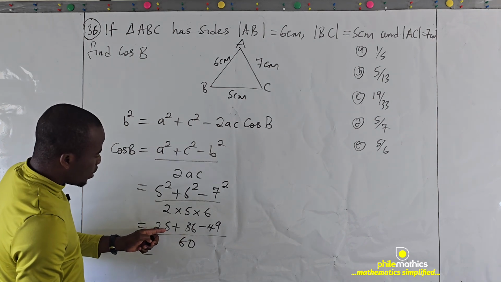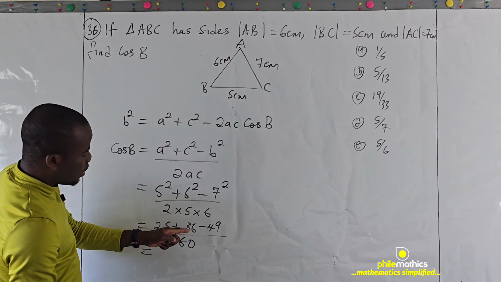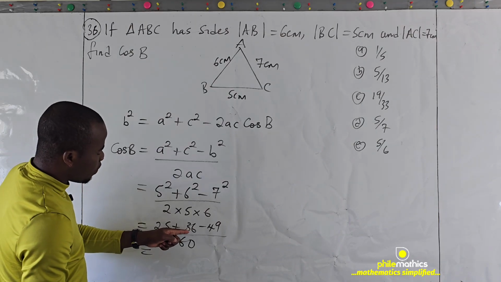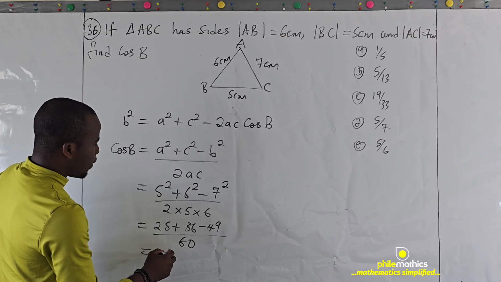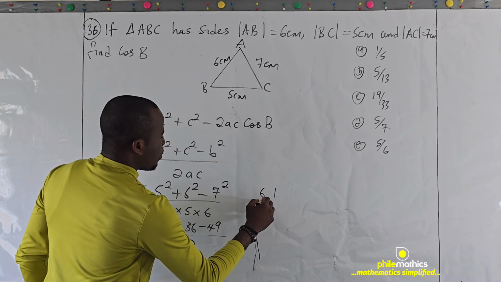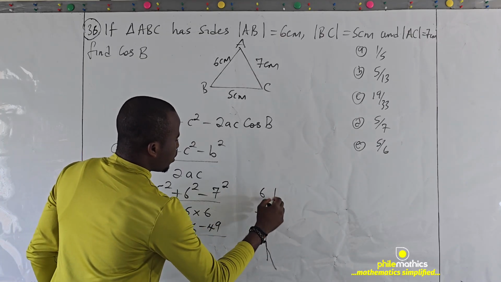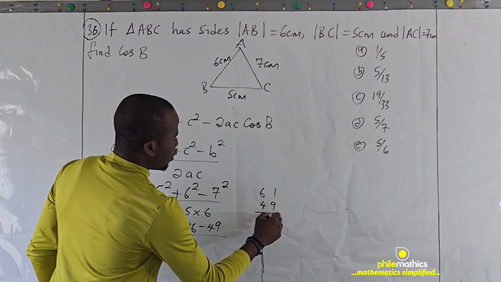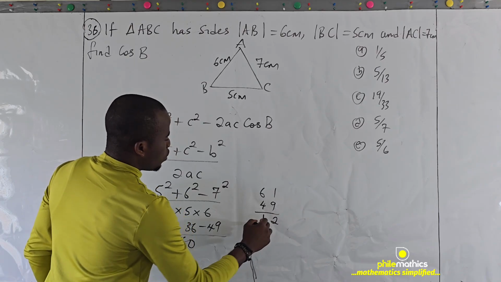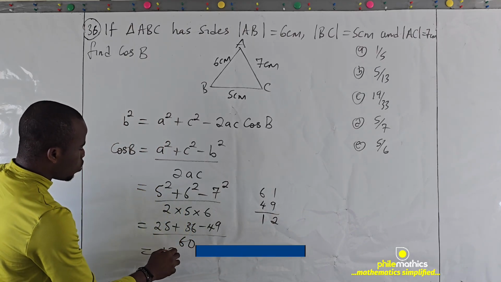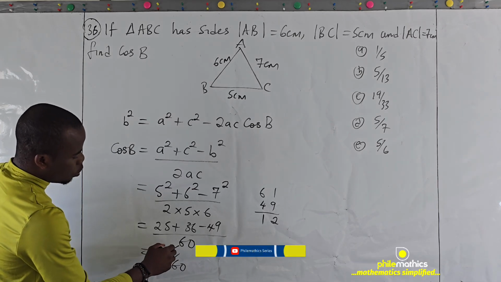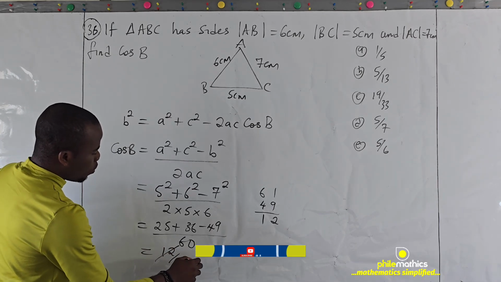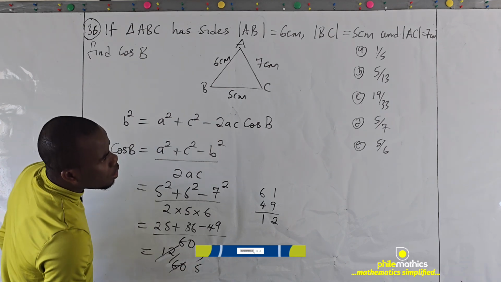So 25 plus 36 is 61, and 61 minus 49 is 12. So this is 12 over 60. And so 12 can go here 1, 12 can go here 5. So this is 1 over 5.